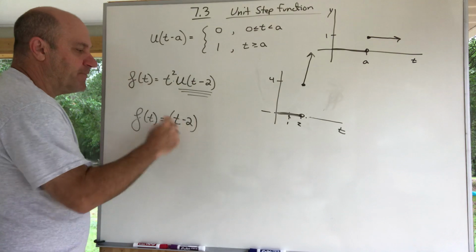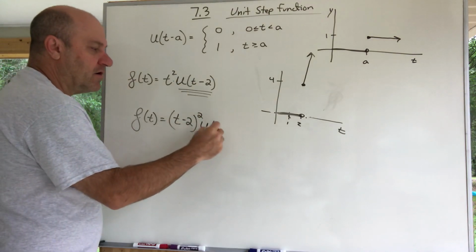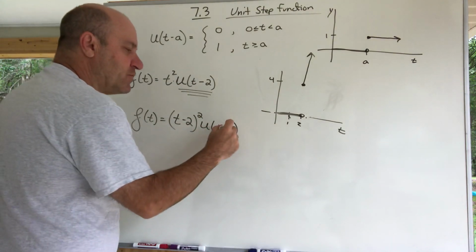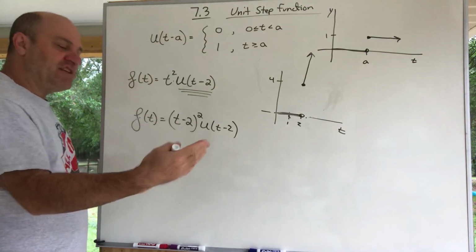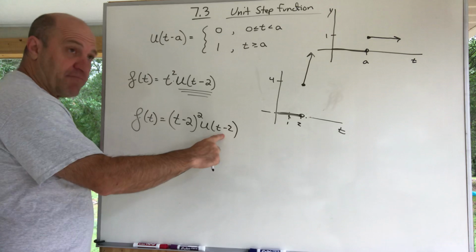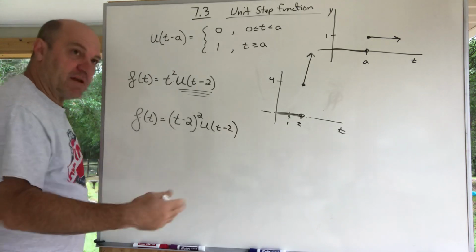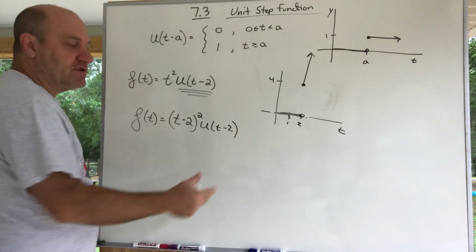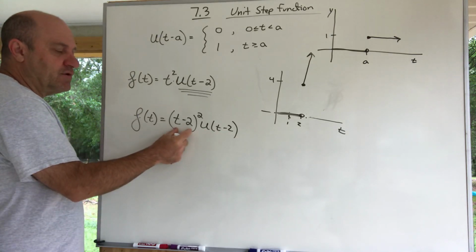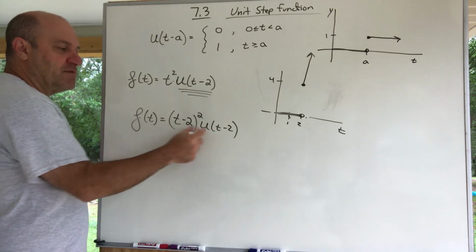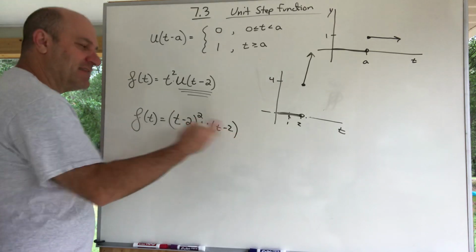When I see stuff like this, I'm going to say the phrase, the argument of the function matches the argument of the unit step function. The argument of the function is the input of the function. So the input of the function is t minus 2. When the argument of the function matches the t minus 2, that's kind of classic.